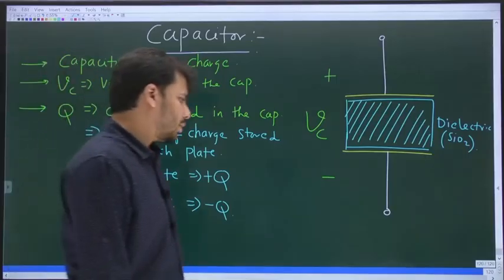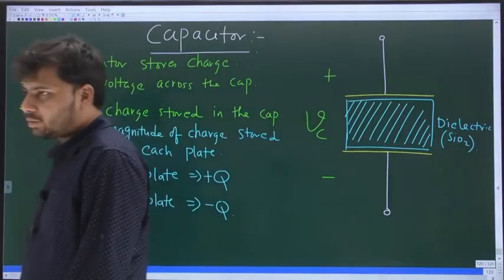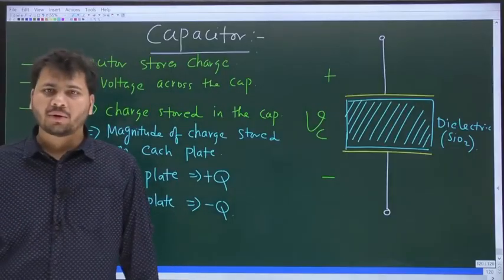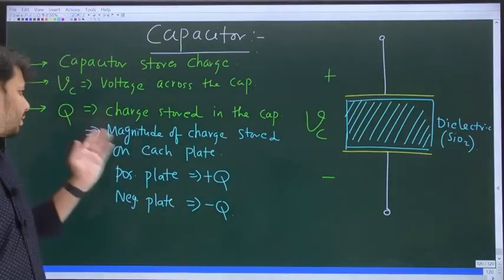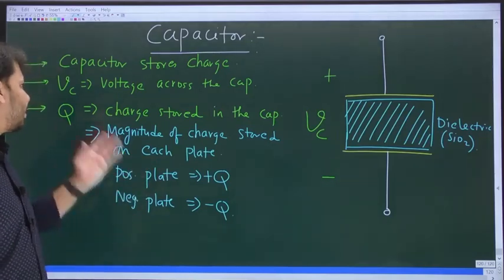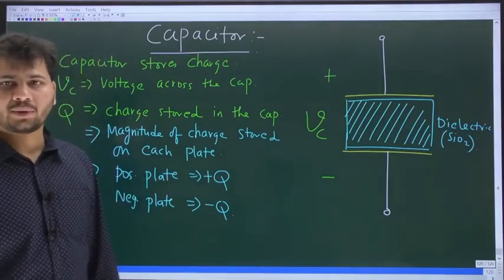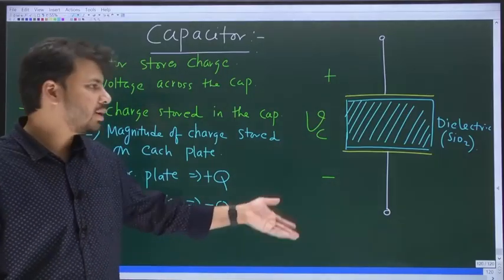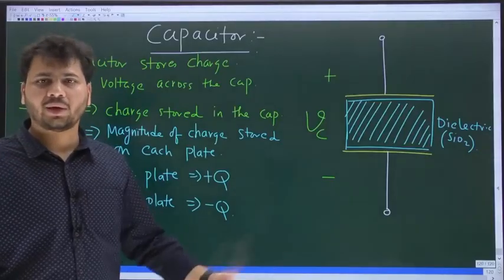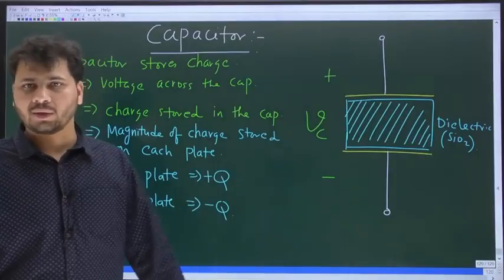Now for any capacitor, the amount of charge stored, the value of Q, will be related to the applied voltage across the capacitor. In general, if you increase the voltage across the capacitor, then the amount of charge stored in the capacitor also will increase.